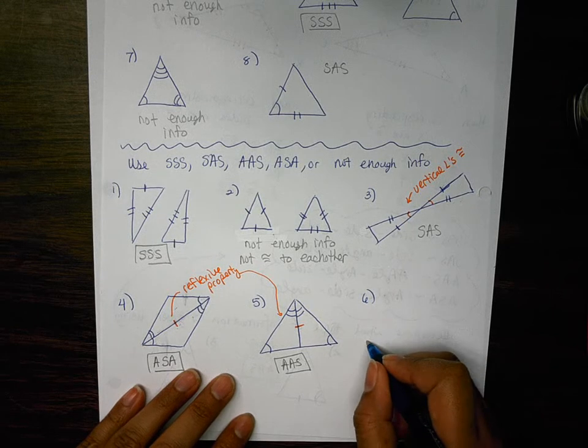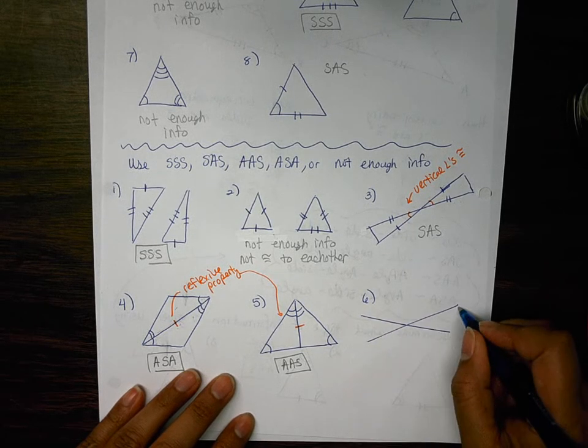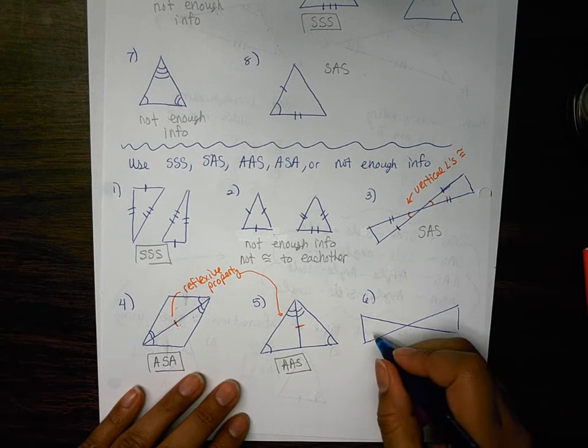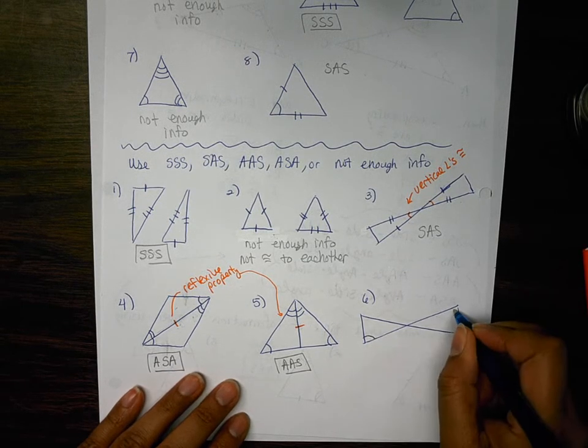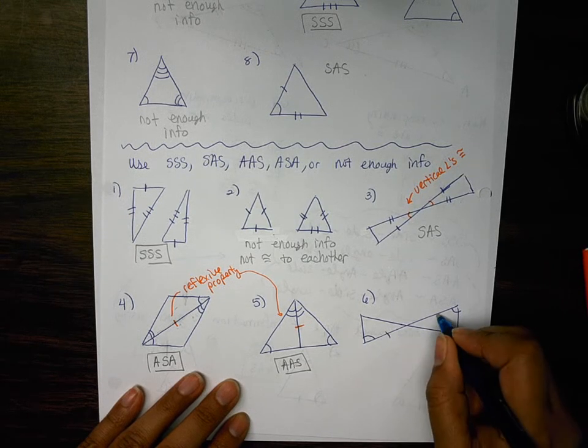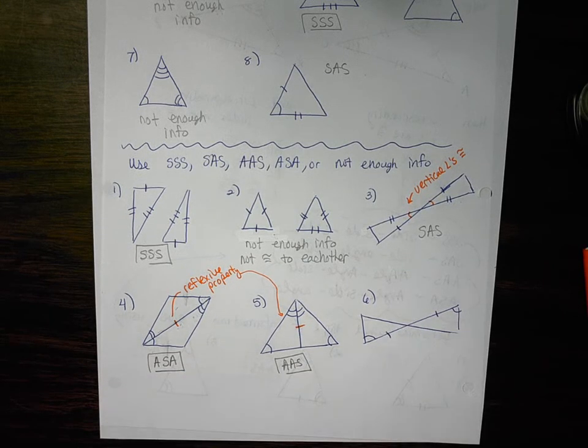We are going to make another bow tie. How many sets of angle markings, congruent angle markings do I have?